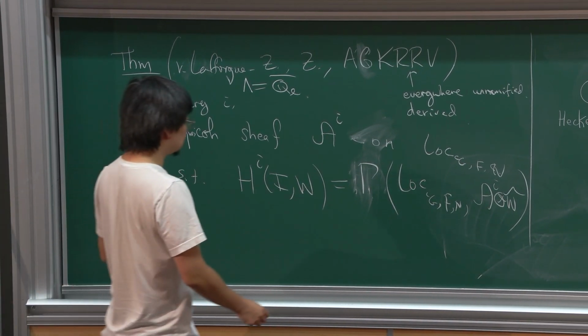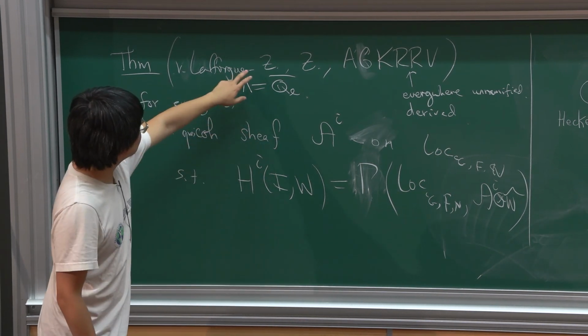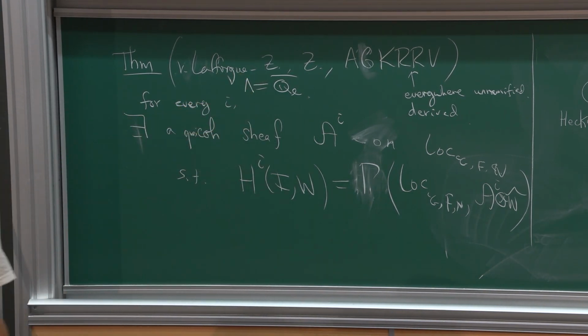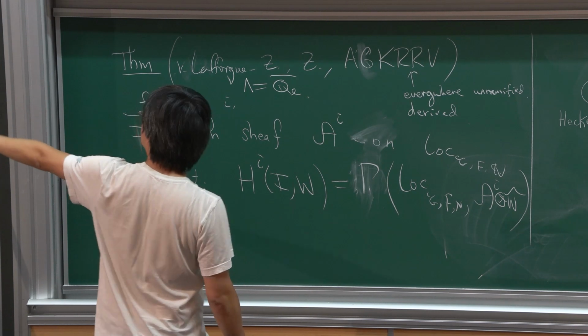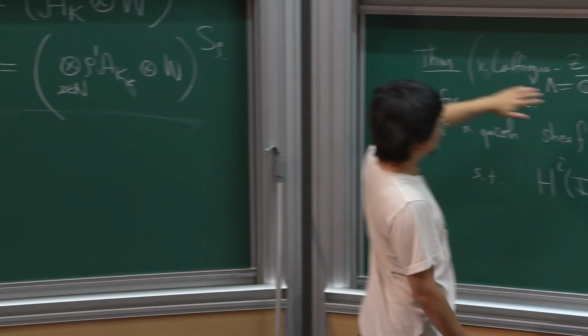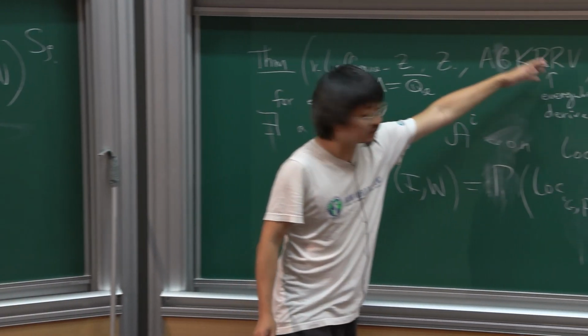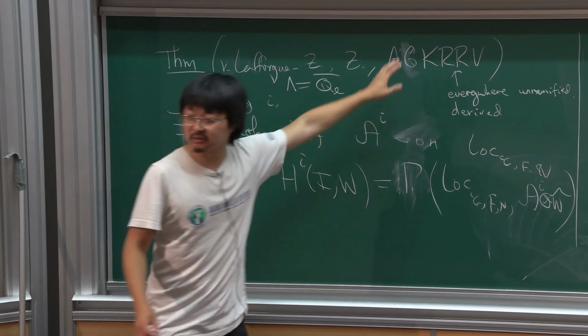I should mention, with Lafforgue, we first proved this just over the discrete part, the elliptic part, where the formula is much simpler, but then it can be extended to the whole stack and even derivedly by the six authors.